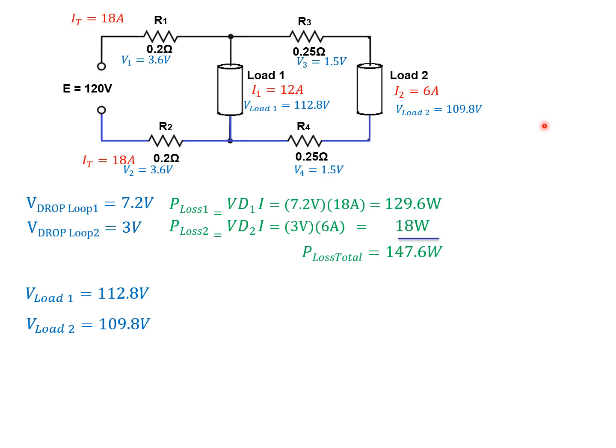When I sum those together, that means I've got 147.6 watts of power wasted just in my wires feeding my circuit. And this is why we have to size wires accordingly to reduce our voltage drop and reduce the amount of heat generated in our wires. Bigger wires, less resistance, less I squared R losses.